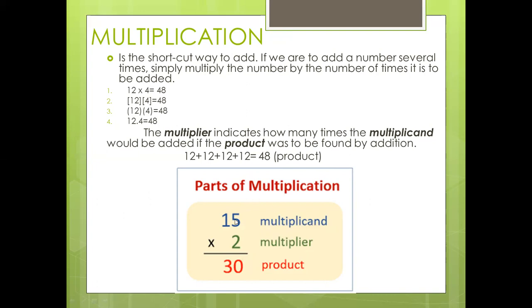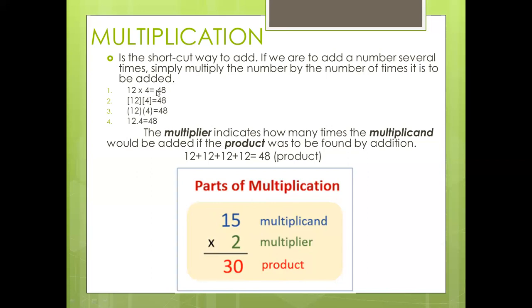So 15 times, or 15 to be multiplied by 2, is equal to 30. You may use your calculator for reference. So basically it is 15 plus 15, or if you add 15 and 15 together, you will get the product, or the sum, of 30.